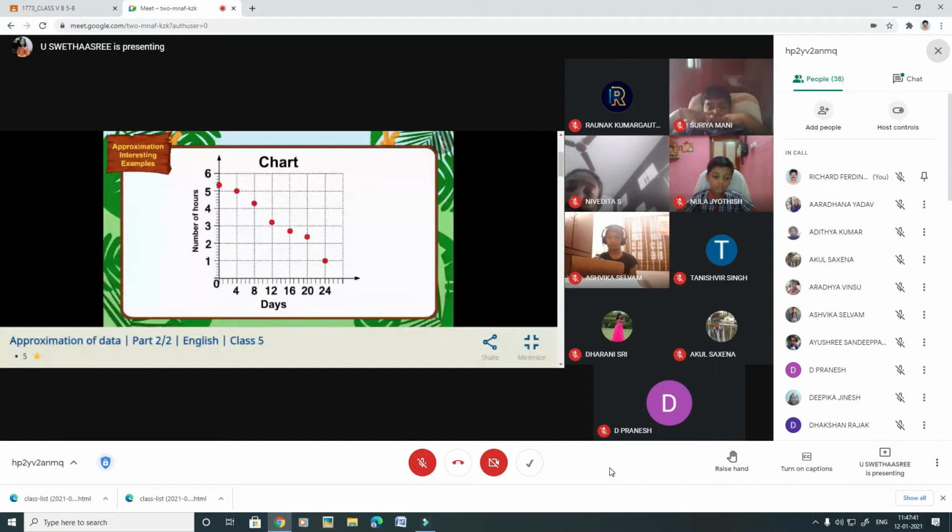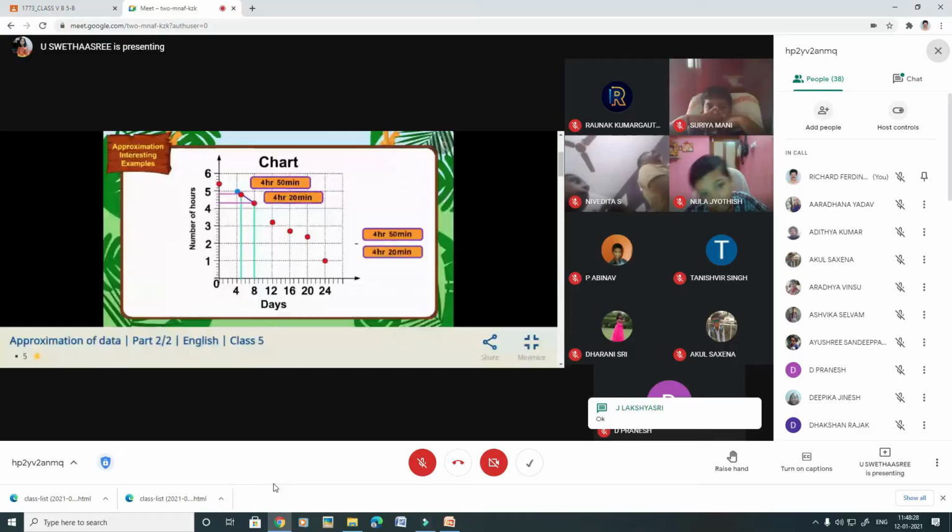In this way, we can approximate it by connecting the dots of the 4th and 8th days with a straight line and then making a vertical line from the 5th day. The vertical line of the 5th day is meeting this line.